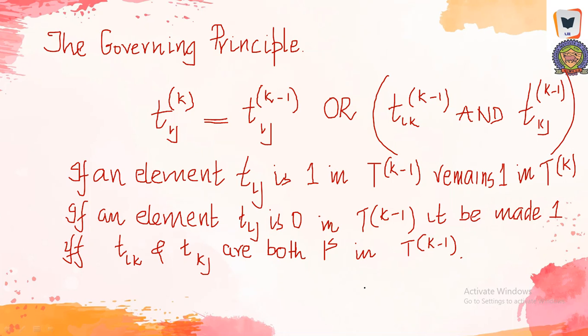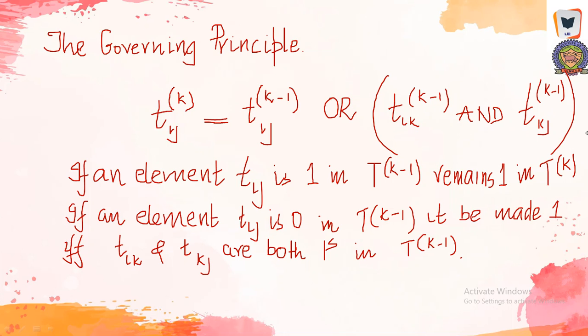The governing principle of this algorithm is this: the entry Tij, the ith row and jth column entry in the kth matrix, will remain 1 if it is 1 in the k minus 1th matrix, or if T of ik in k minus 1, the ith row and kth column, and T of kj in k minus 1, the kth row and jth column, are both 1.